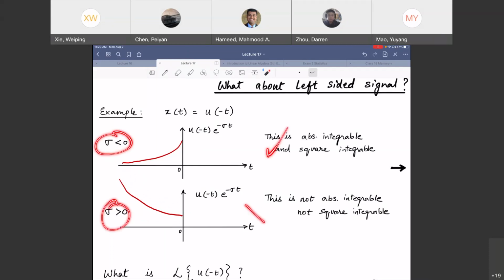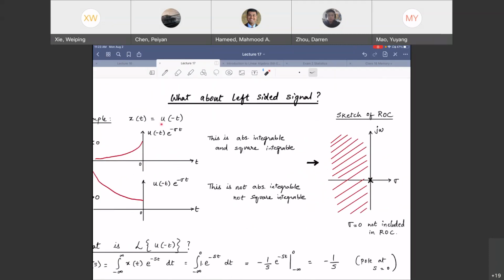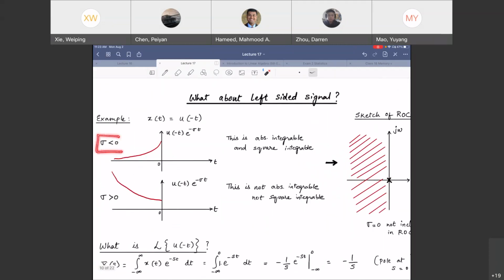Sigma greater than 0, you're not good, you're growing with time. So when you have that left-sided signal, sigma less than 0 is good news. Sigma less than 0 points to the left of the vertical axis. So this is saying if you have a left-sided signal, then the region of convergence will be to the left of the leftmost pole. In this case, you only have one pole, so left of the pole.